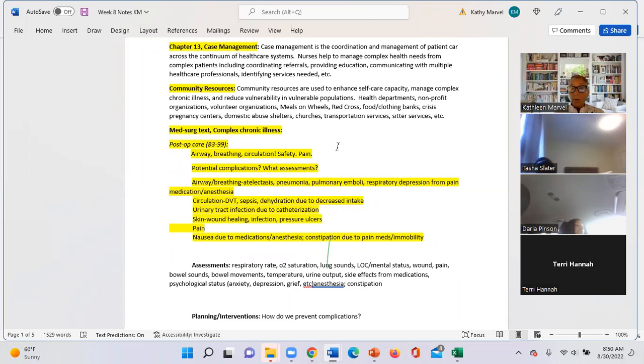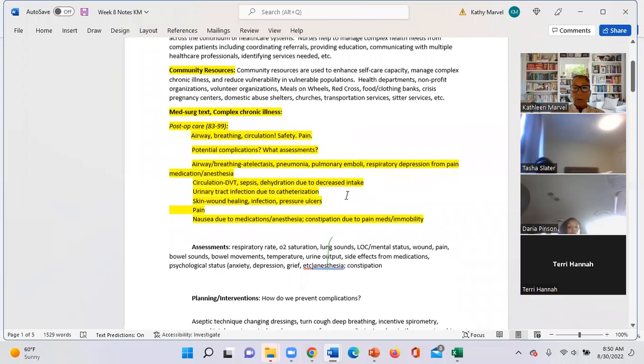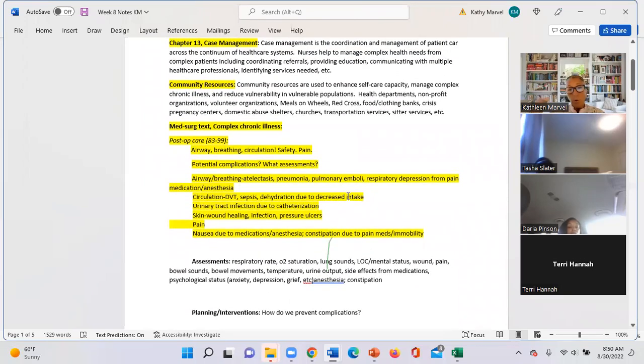Okay. And so the rest of this is a review of what those questions just covered. So here's your post-op, which was chapter 5. If you're taking notes, that was chapter 5. What's the most important component of post-op care? Your ABCs, right?